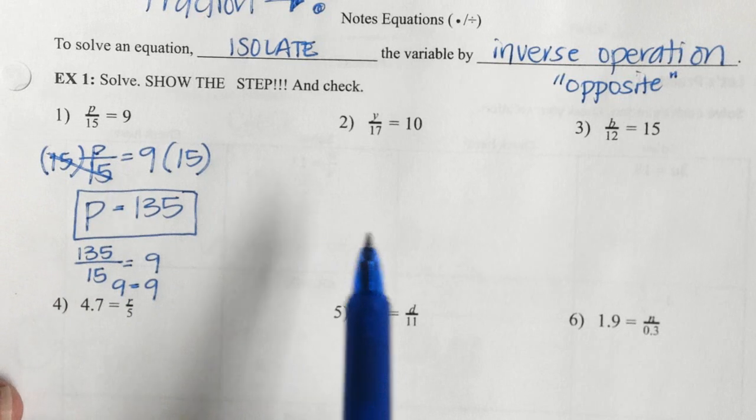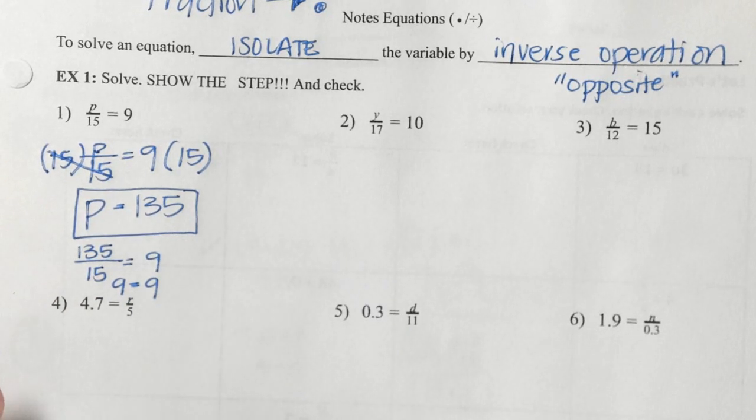Because remember, we said some of this is mental math. I get it. But what we're learning right now is the process of making our brains think in algebra, that mathematical language of algebra. We're learning how to train our brains to think algebraically. I get this one. Good.